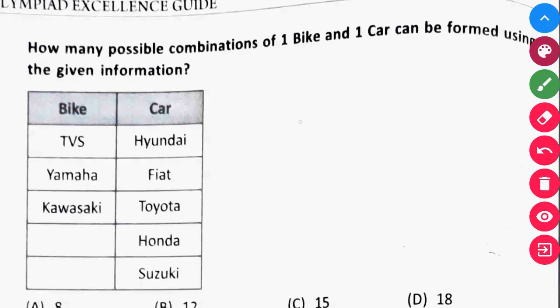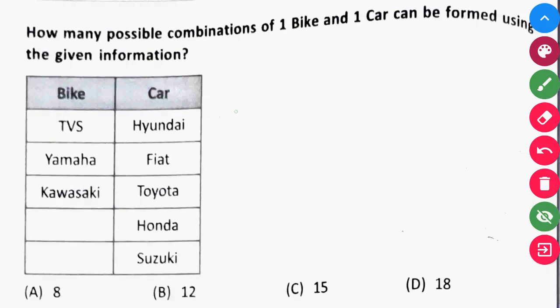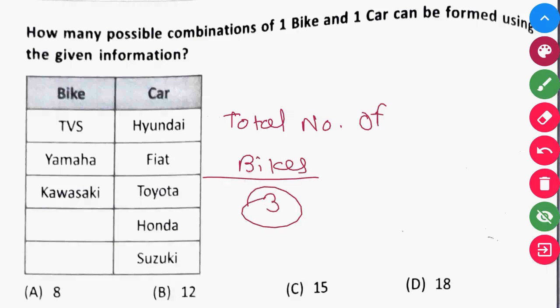Now, how many bikes are there in total? 1, 2, 3: TVS, Yamaha and Kawasaki. And how many cars are there? 1, 2, 3, 4, 5. Okay. Now we have to just take one car and one bike and make their combination. So simply multiply 3 into 5. So your answer is 15.